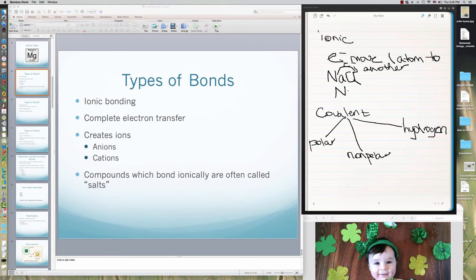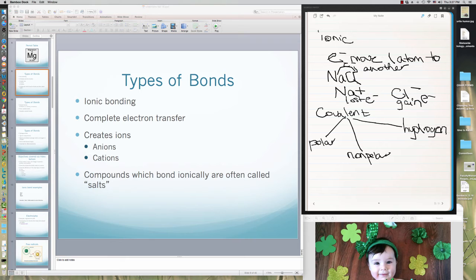And when it breaks apart, sodium has lost an electron, which means it now has a positive charge because it has one more proton than it does an electron. And chlorine has gained an electron because it now has one more electron than proton. So there's an electron that moved from sodium to chlorine. And we'll look at this a little more closely in class and why this breaks apart in water.